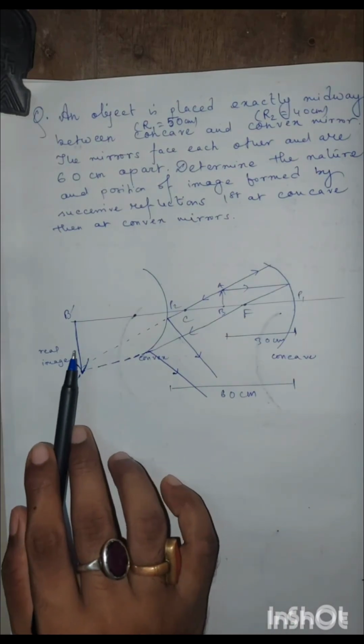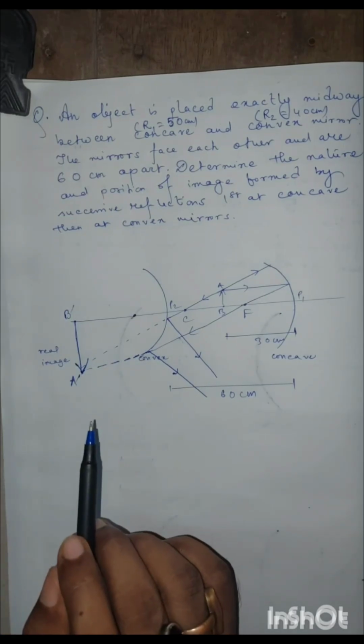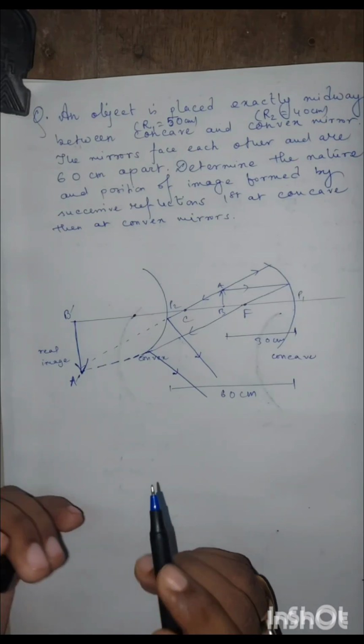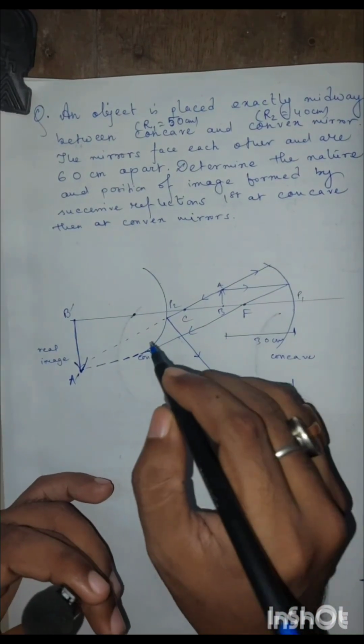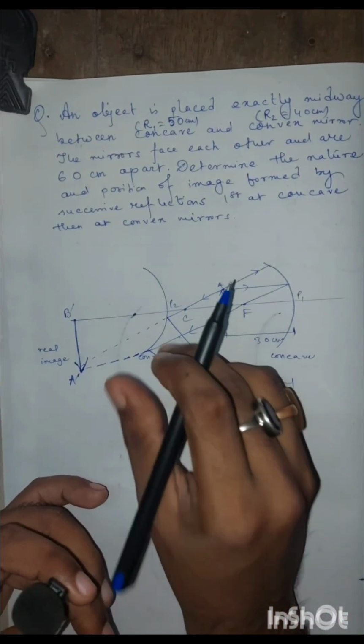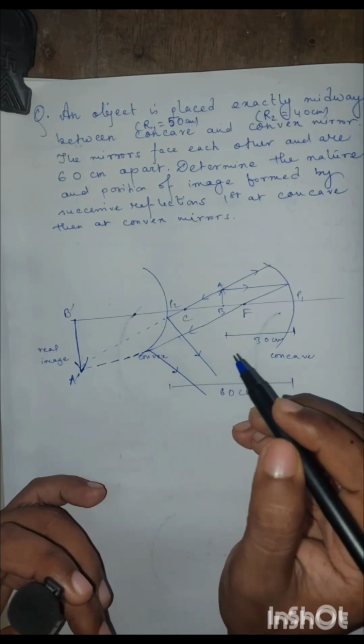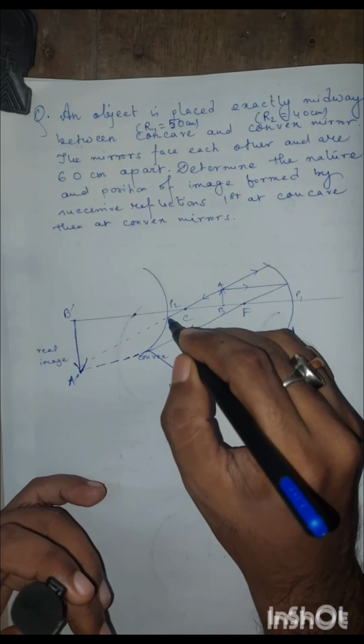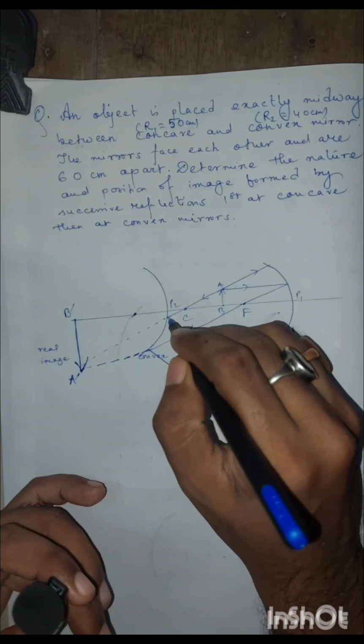So the image of A dashed B dashed will be formed if we drag these rays backwards.